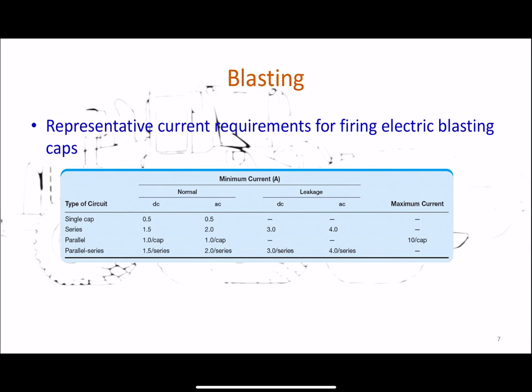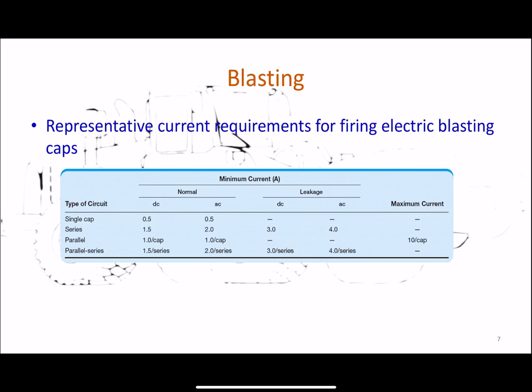With the DC, direct current circuit, in our circuit it is parallel and series combined: 3 parallel branches, and each series has 3 caps.